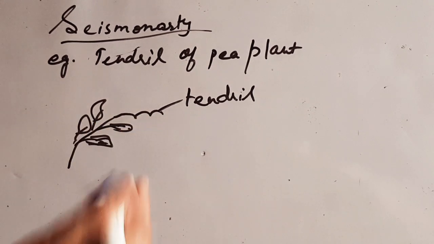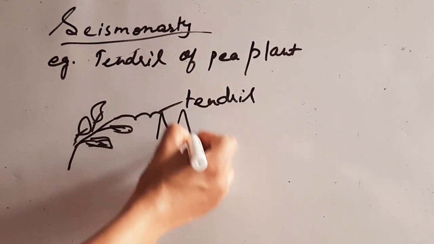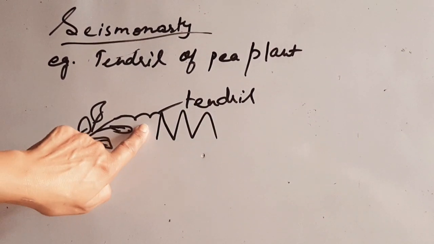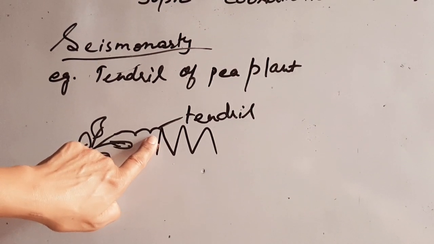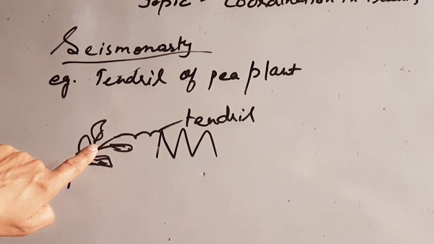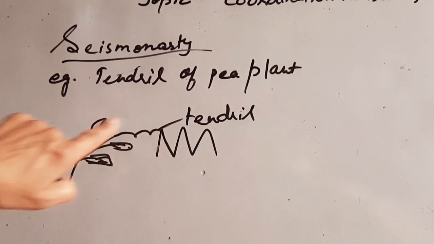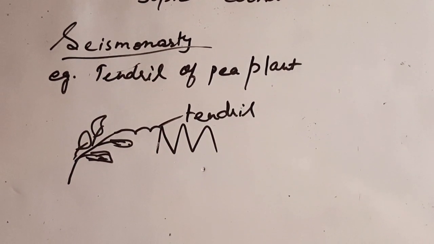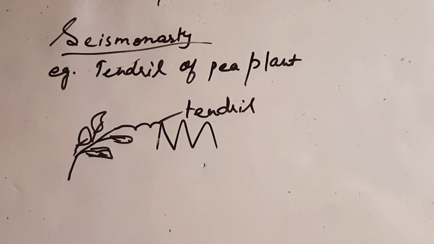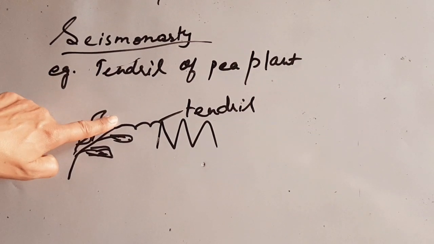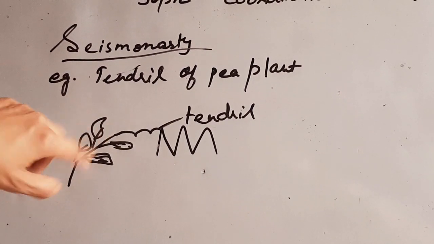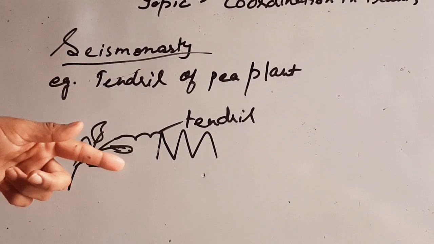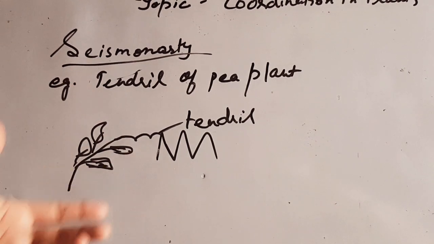Suppose this is a fence and it has come in contact with this fence. So this portion will not show much growth as compared to this portion which is far away from the object, and this is going to grow more than this part. And what will happen? This causes the tendril to circle around the object and thus cling to it.